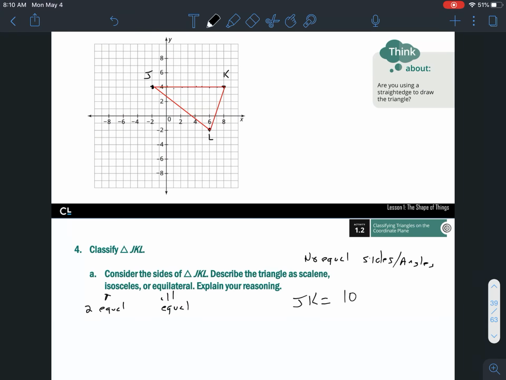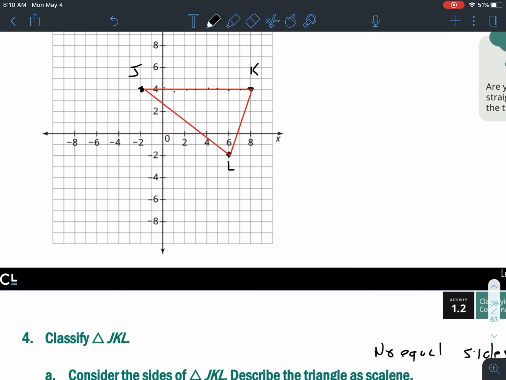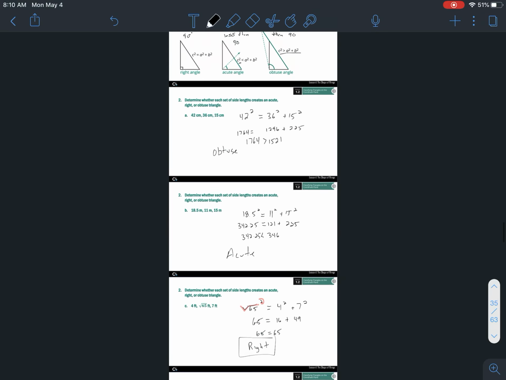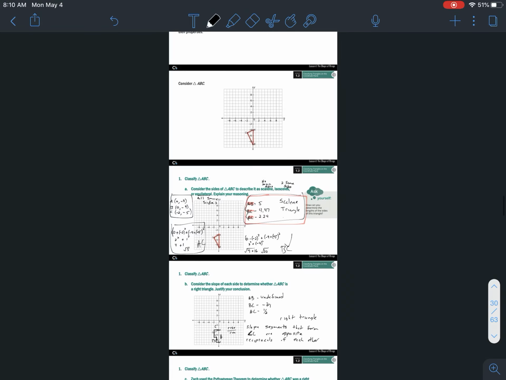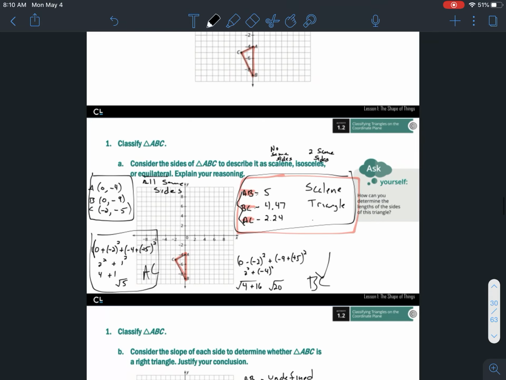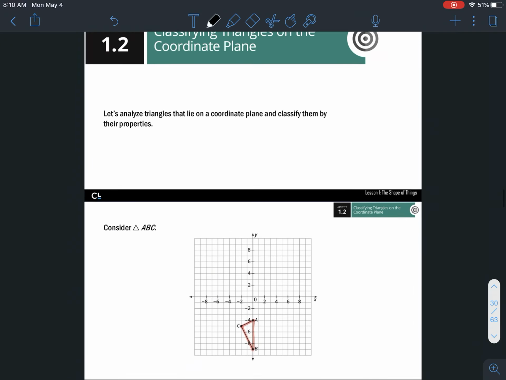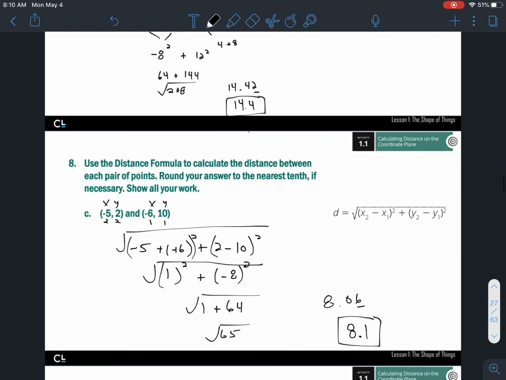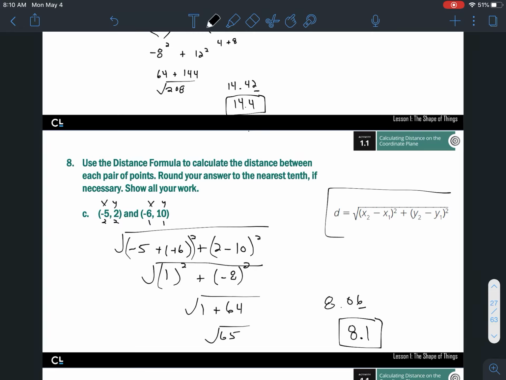Okay? Now we have to try and remember how we found out the length here. I'm going to go back up to our notes because I don't recall off the top of my head. But it is in our notes here on how we did that. Here we go. So we're going to take this part right here and use it down there.